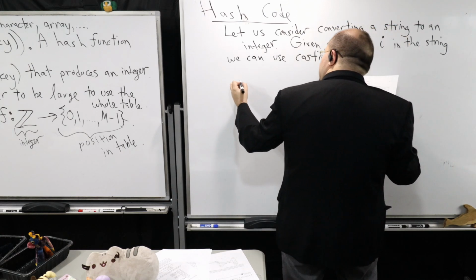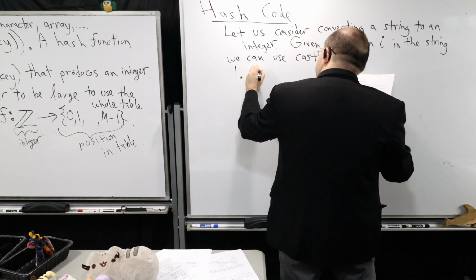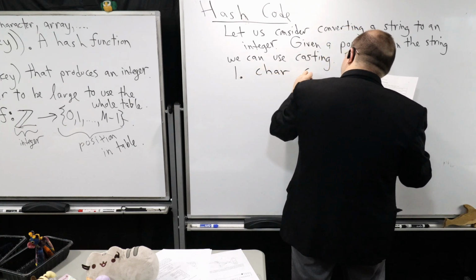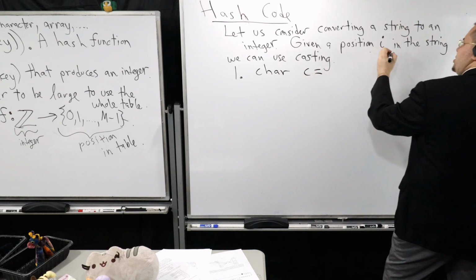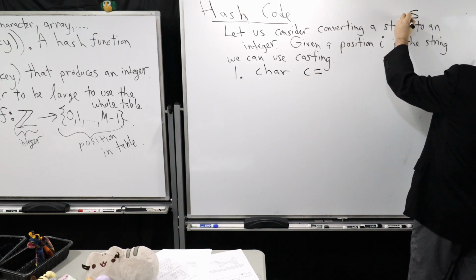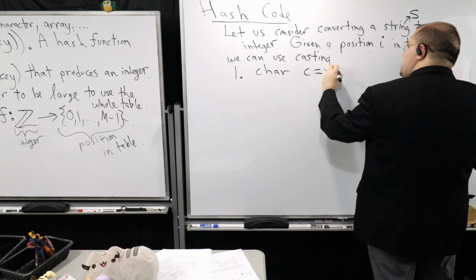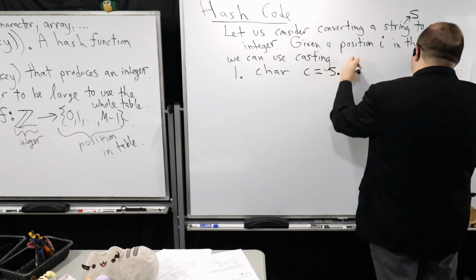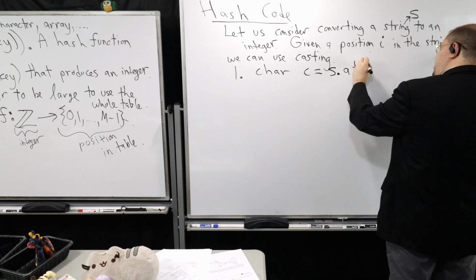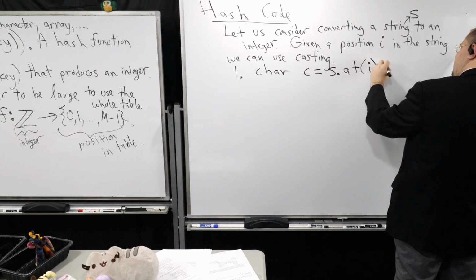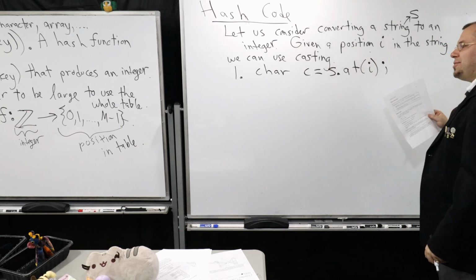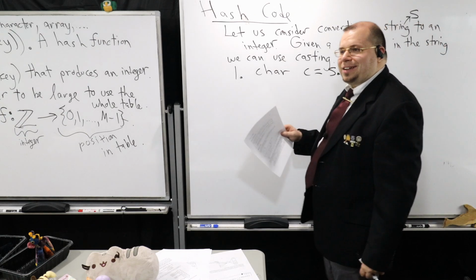So you can do this as follows. The first step would be that you make a character. Okay, I have a character C. Call the string S. S dot at, we can use the at. I know there's other ways we can write this out as well. I can go S dot at, and that could give me the character at position I in the string.